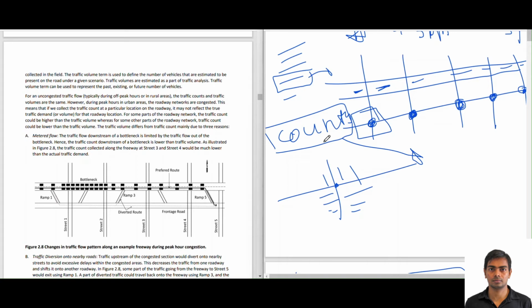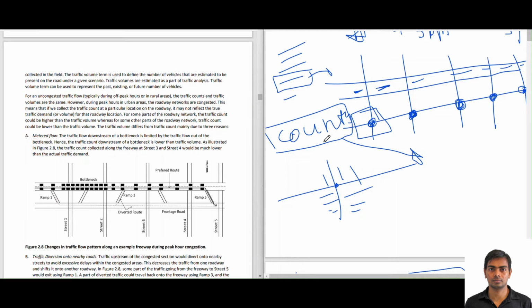What we can do is collect the counts. Typically for most of the projects we see in our career, the counts are collected, then fed into a simulation model, and we change the simulation settings such that the model matches the counts. That's all we do. Then after the model is matching the counts, we do the improvements and say, okay, based on these improvements this will happen.